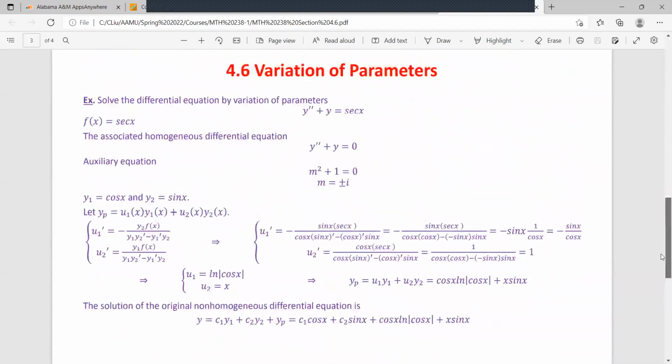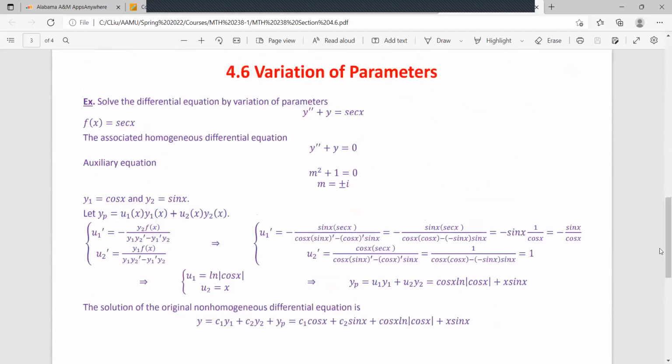Today, suppose we want to solve the differential equation y double prime plus y equals sec x by variation of parameters. You can see the right hand side, sec x, is a trig function, but we did not discuss this kind of function in previous sections.